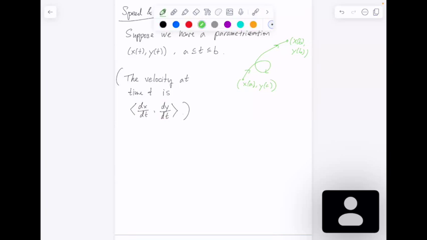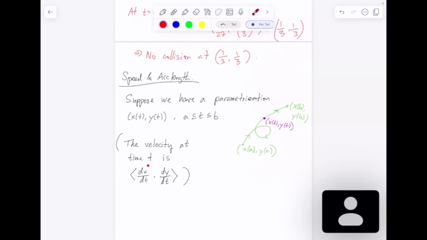At a certain time t, dx/dt is a number, right? You take one derivative in x, and that gives you a number, the x component of your arrow, and this is the y component of your arrow. Altogether, you're going to have an arrow that looks like this at that point, and that's your velocity. If you haven't seen any vectors before, then don't worry about this for now.